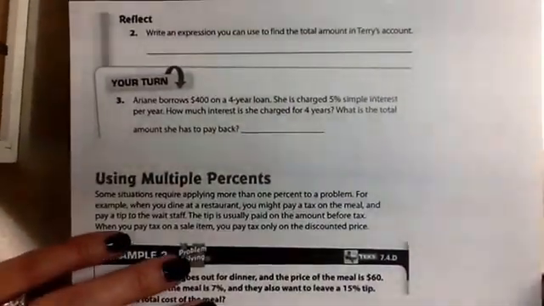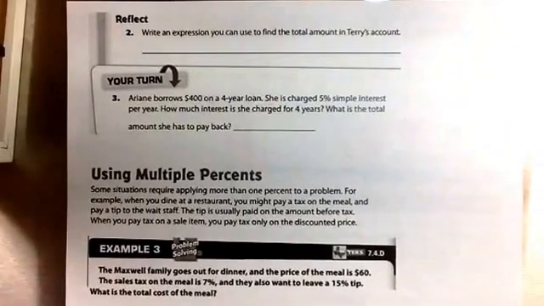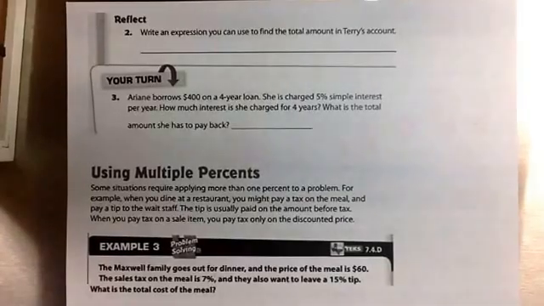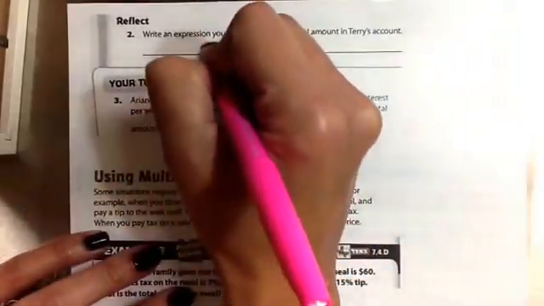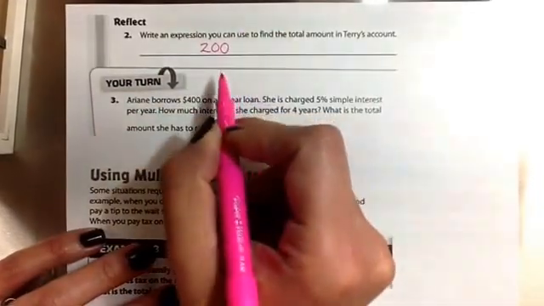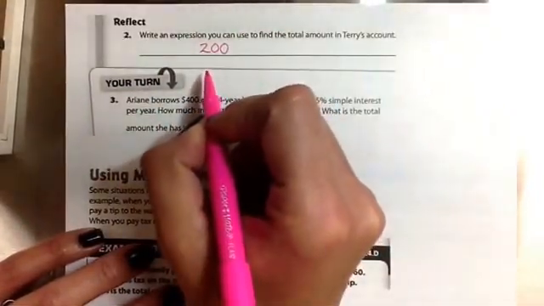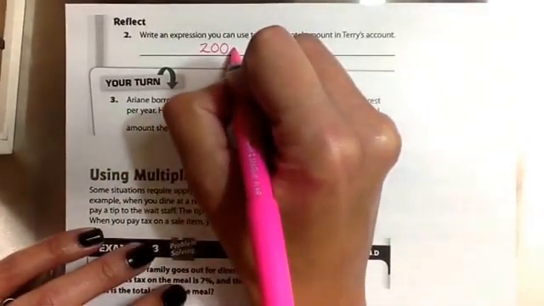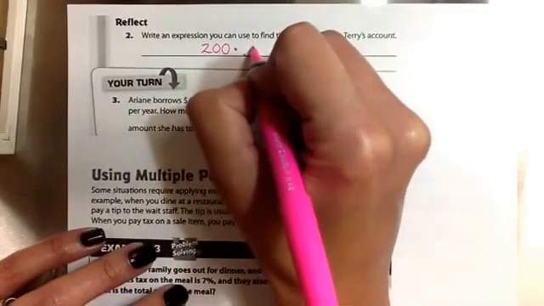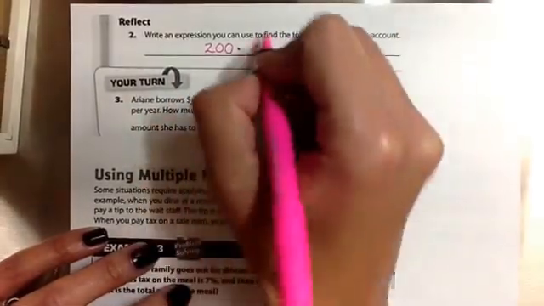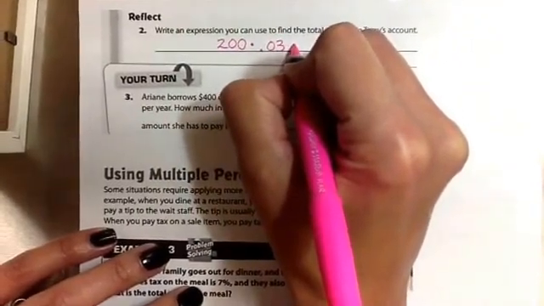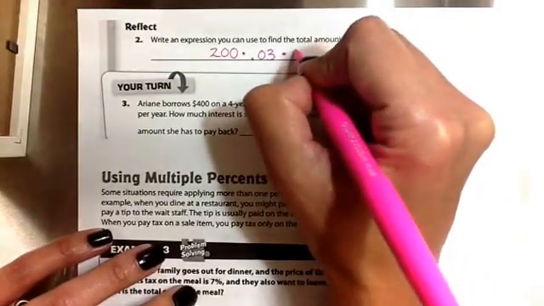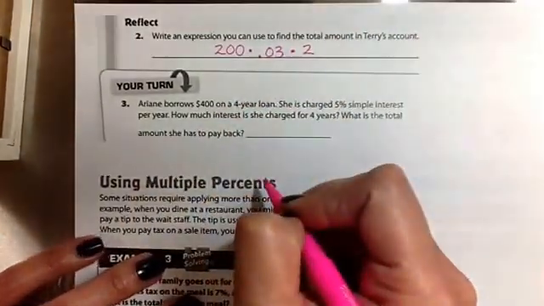Okay, turn it over, and we're going to do this reflection together. Okay, it's asking you to write an expression that you can use to find the total amount in Terry's account. So remember, again, an expression does not have an equal sign. Okay, we took our $200, and we multiplied 0.03, that was our rate, and we also multiplied our rate times our 2-year time.